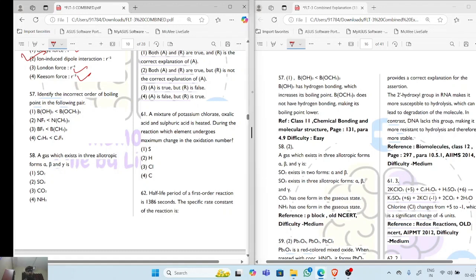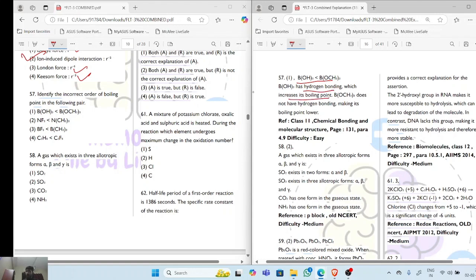We have to identify the incorrect pair of boiling points. Option 1, B(OH)3 is not greater than, you can say less than, BOCS3. This is incorrect because B(OH)3 has hydrogen bonding, which increases its boiling point.